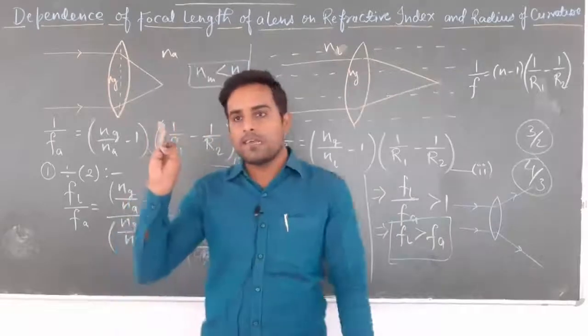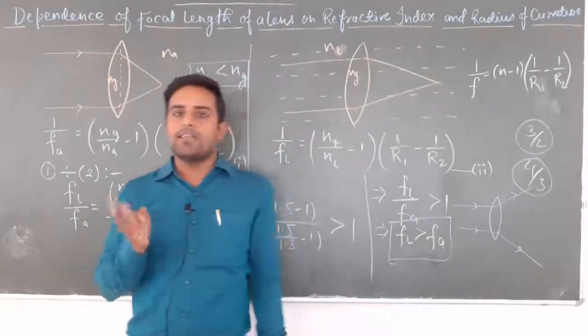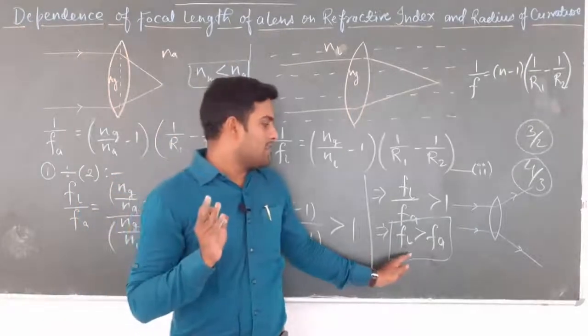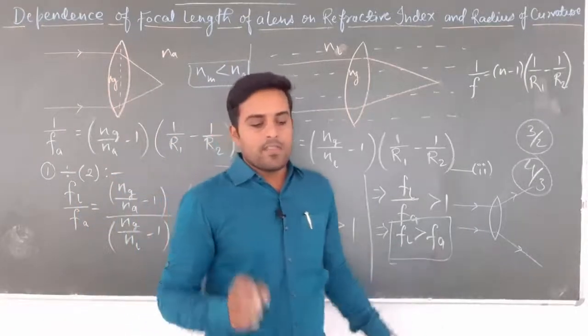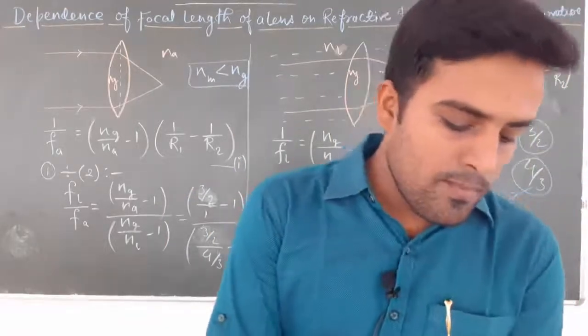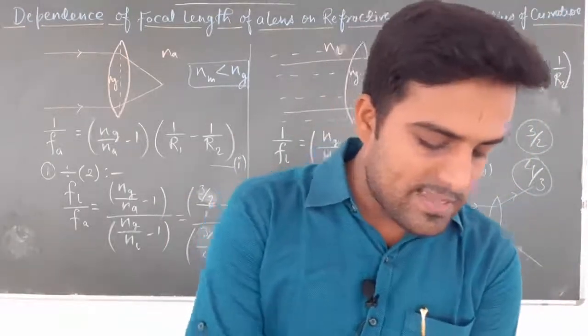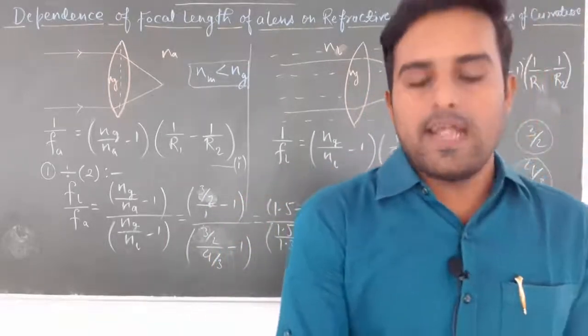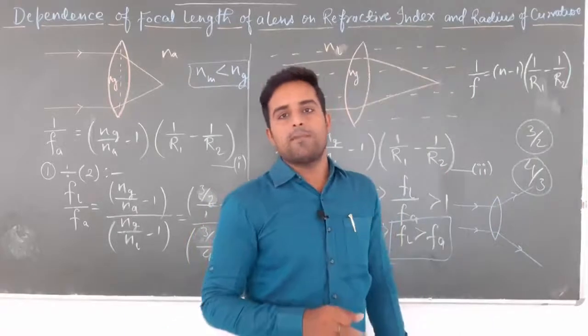It means in the first case, when the refractive index of the medium is less than the lens, the focal length of the lens will be greater than in air. The second case is when the medium and the lens material are the same. In that case, the focal length of the lens will become infinite, so it will behave like a plane sheet.